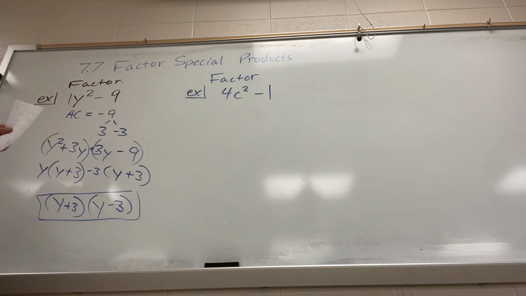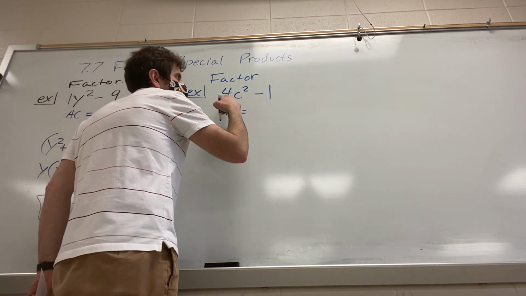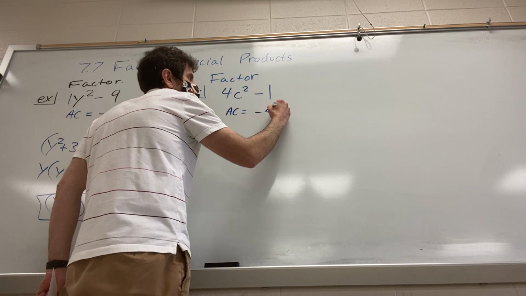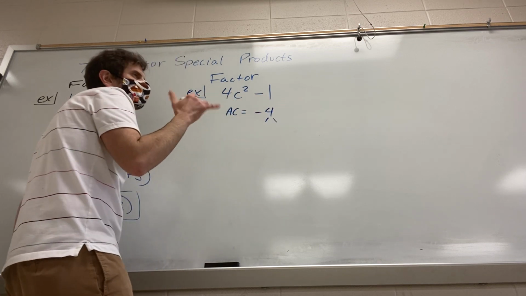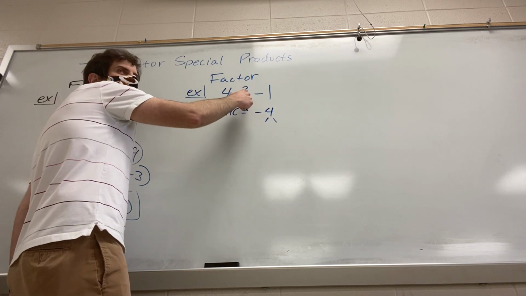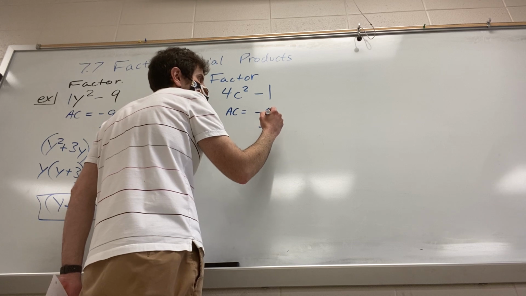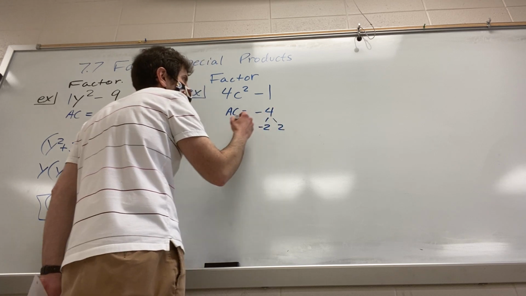Okay, 4c squared minus 1. I guess we'll go ahead and do the AC method again. It'll be kind of fun, I guess. What's our AC? -4. What two numbers multiply together to make -4 but add together to make 0? -2 and 2.